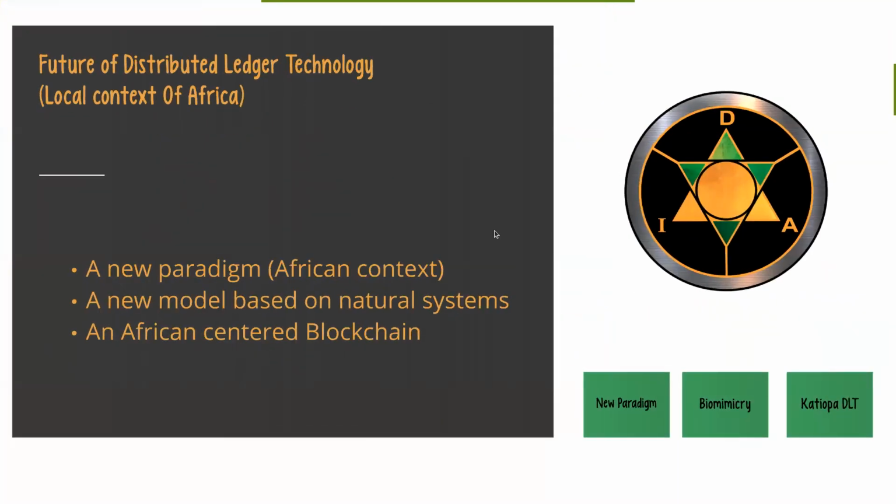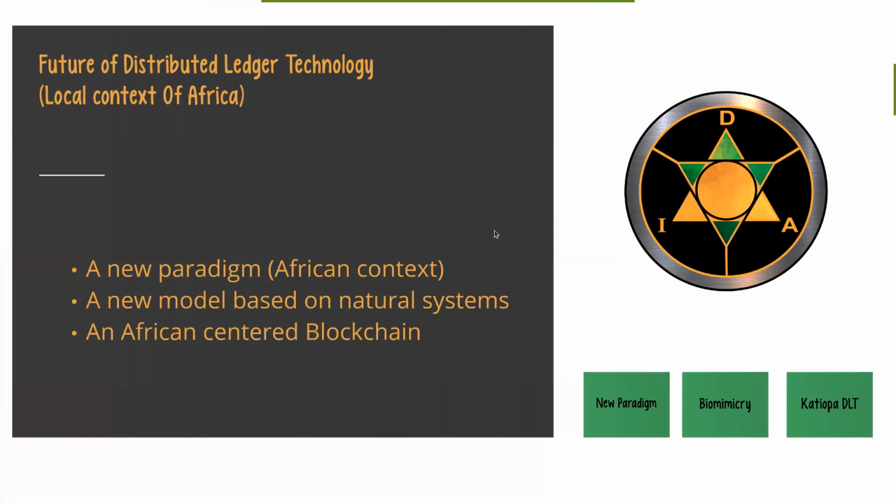So future, again, here we need to think about a new paradigm when it comes to distributed ledger technology. We need to think about models that mimic nature, and by this, the general term is biomimicry. We need to really focus, and I'm calling on my young brothers, to think about an African-centered blockchain.